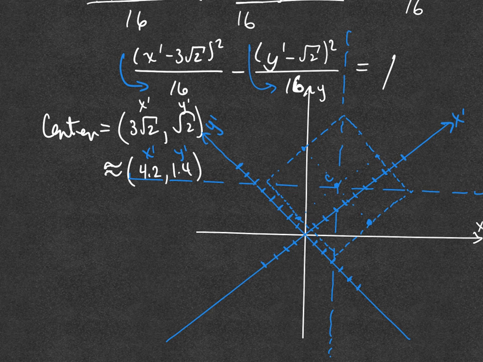And then finally, let's change colors so you can really see where the hyperbola is going to be drawn. In what direction does this hyperbola open? Well, it's the x primes that are the positive variables. So that means this has to open in the direction of the x prime axis. So this is going to be a hyperbola that starts on the right side of the box, rectangle, using the extended diagonals as asymptotes.